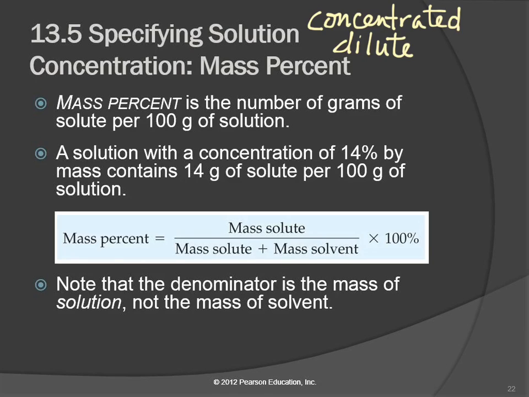You have to divide by the whole number of children. 5 girls plus 15 boys, so it was 75% boys. You can't have a mass percent that is greater than 100%. Because the mass of solute is on the top, the mass of solute is also on the bottom, and there's something else added in here. So if you get a mass percent greater than 100, you did your calculation wrong.